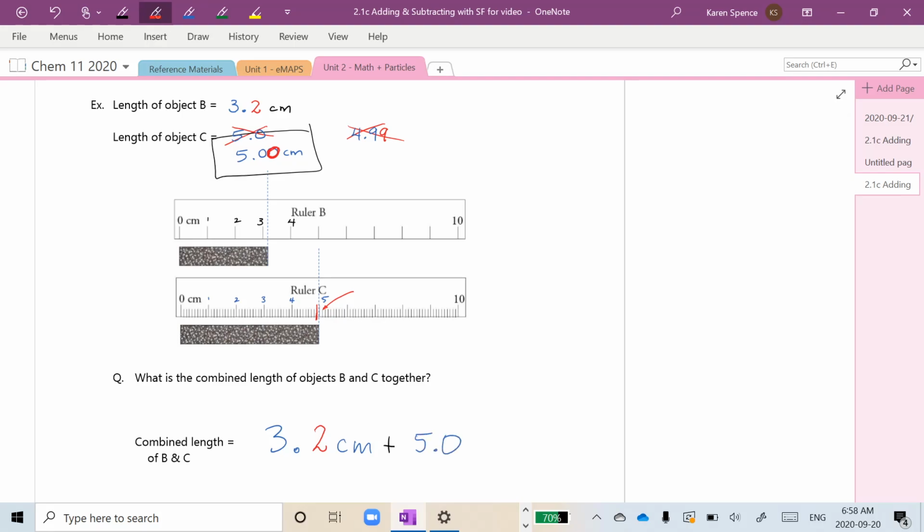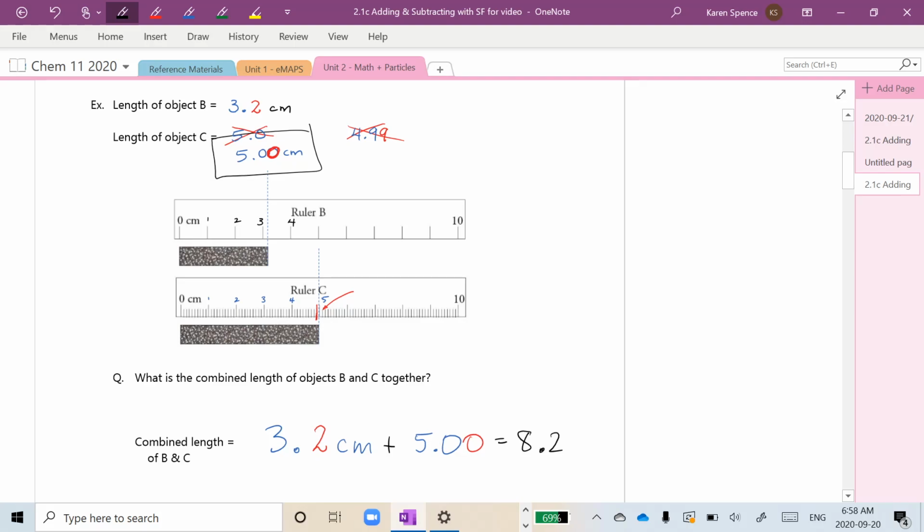And when we do that, we get 8.2. If I was just to do it on a calculator, the calculator would spit out 8.2.